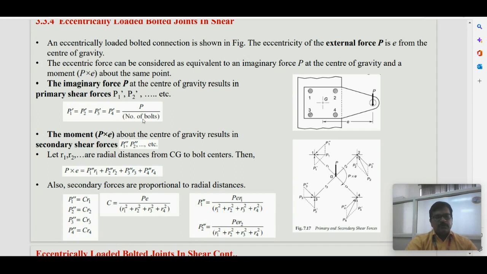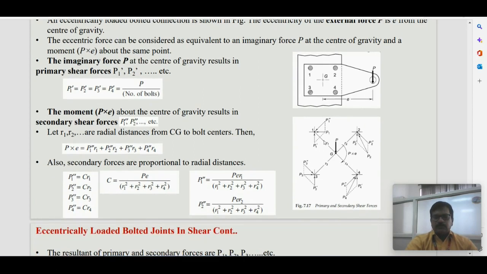Here this is the primary, and the secondary is calculated from the moment caused by the eccentric load P into eccentricity E. There are four bolts, and P1, P2, P3, P4 are the secondary shear forces, whereas R1, R2, R3, R4 are the distances of the centers of those bolts from the centroid G. The line joining to the centroid is the radial line, and perpendicular to the radial line is the tangential line, along which you will have the secondary shear force.